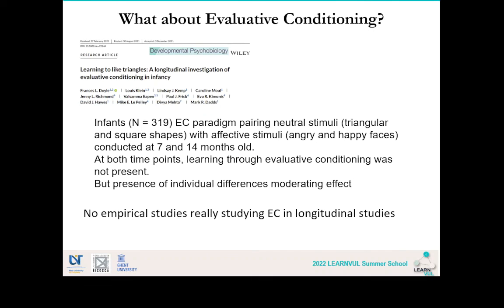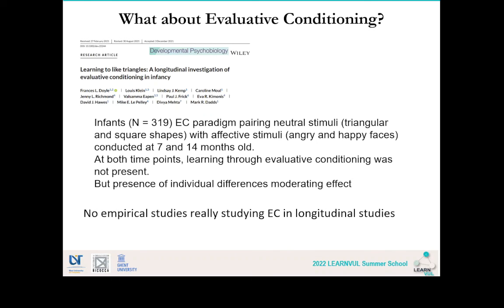I found one study, only one, so far. Maybe we can find some more, but it was in kids, and it's longitudinal in the sense of twice, not intensive at all, and it's about 7 and 14-month-olds, to say that learning through adult conditioning was not present.